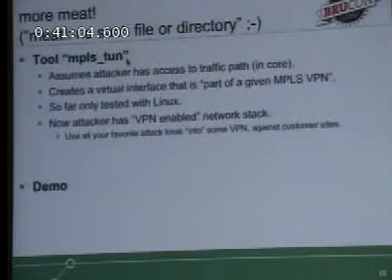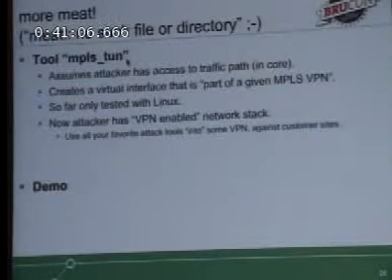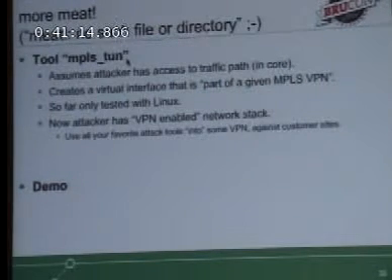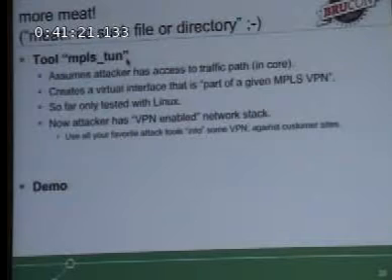Yeah, it's possible. I wrote another tool which is called MPLS TUN. The TUN is for tunnel, and it also assumes you're inside the core. Just remember, all the time we are talking about breaking MPLS, you need access to the core.